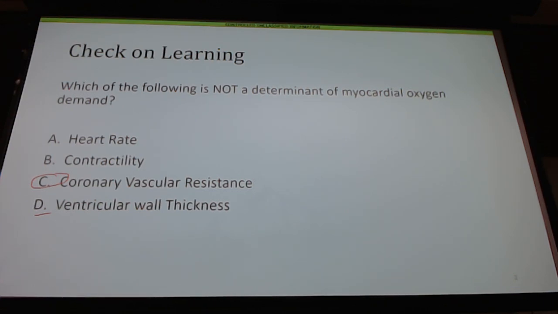It does to a degree, but it also kind of decreases it. It's maybe not net zero, but when you have increased stretch because you have increased preload, increased volume, the myocytes are pulling further and farther apart, and they're trying to maintain that integrity, so they're having to work harder to maintain that integrity.